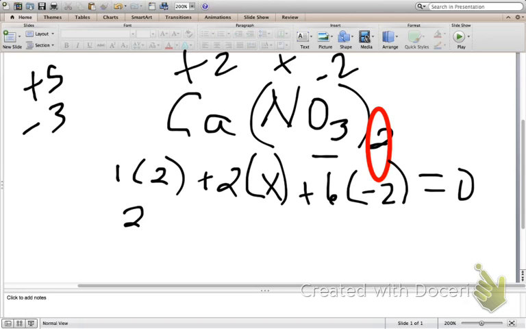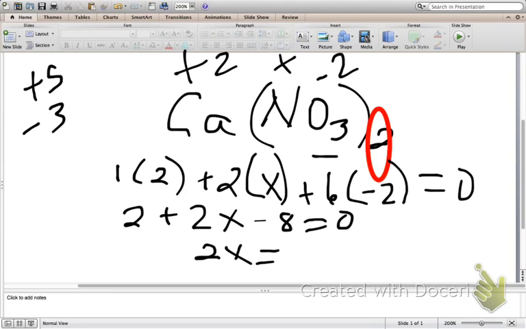So do some algebra. 2 plus 2x minus 8 equals 0. I'm going to allow you to do this sort of in your head. We'll carry the 8 over and take 2 away, so that equals +6. And then we'll divide by 2. X equals +3. So in this case, nitrogen is +3.